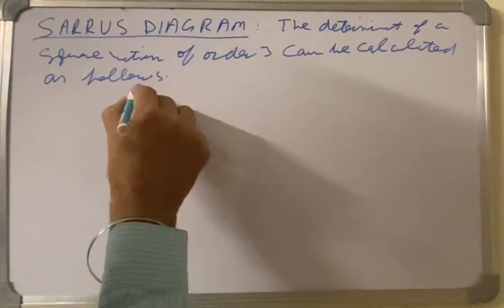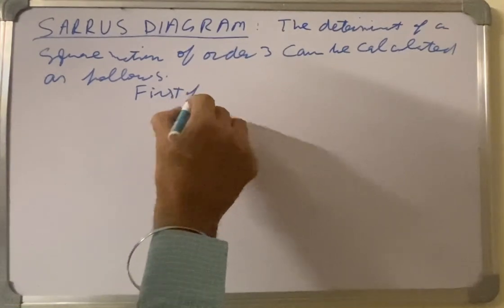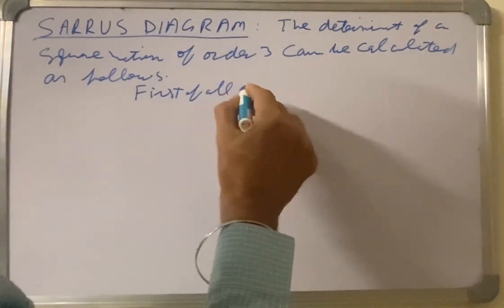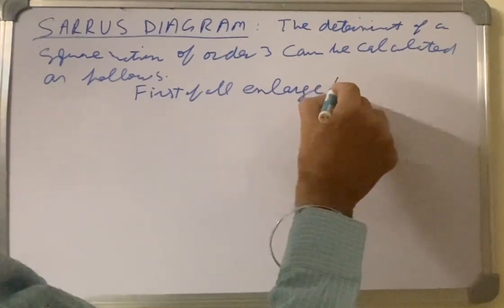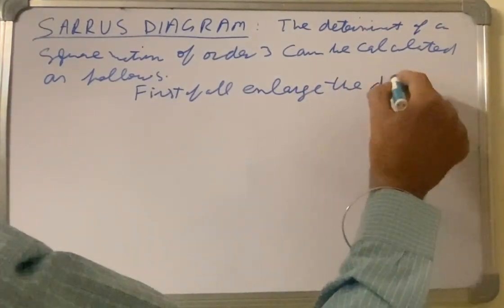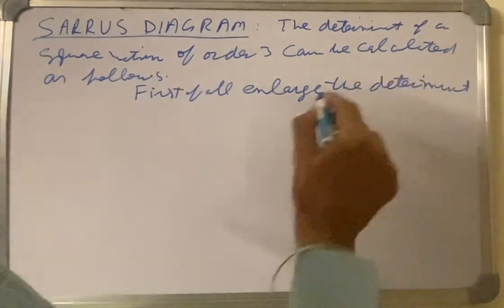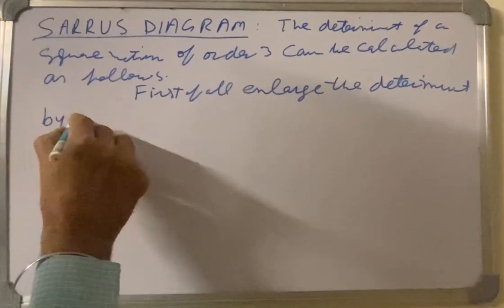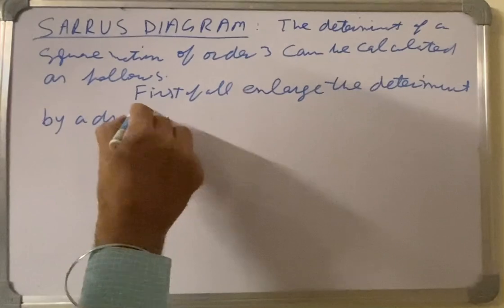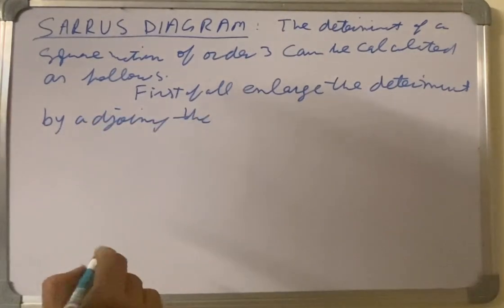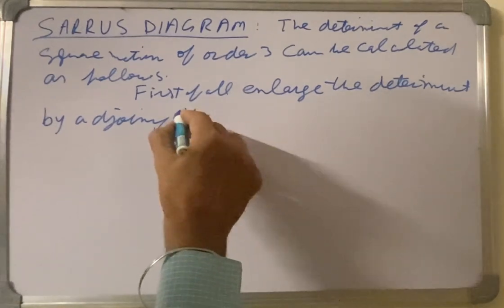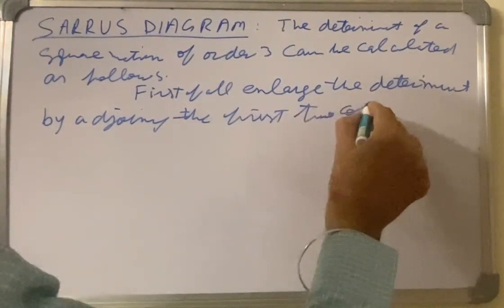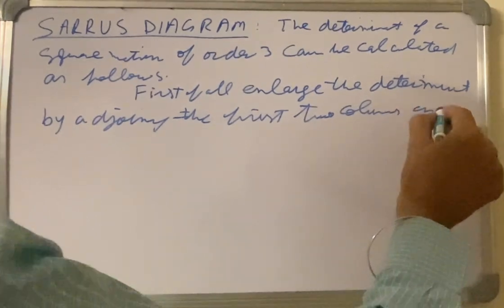First of all, enlarge the determinant by adjoining the first two columns on right hand side.